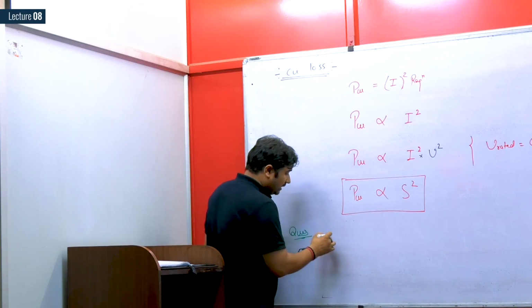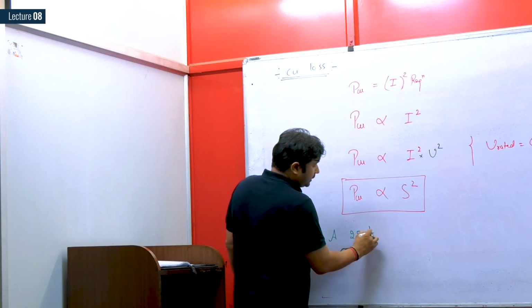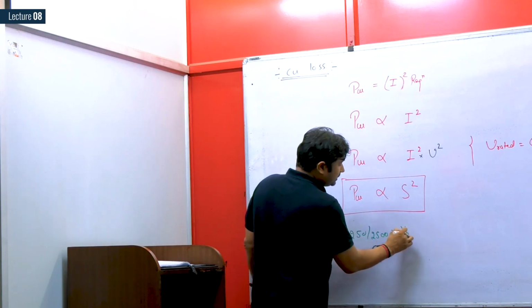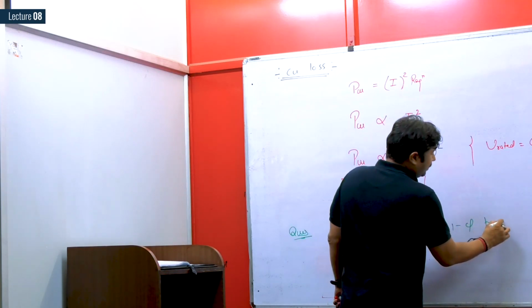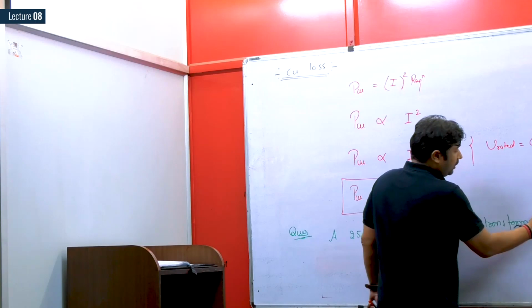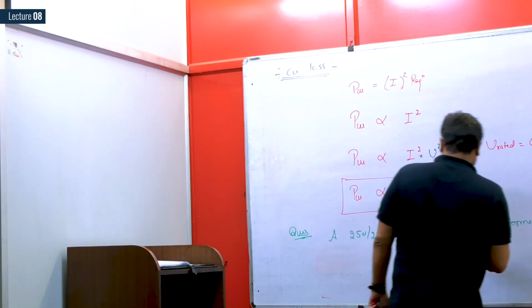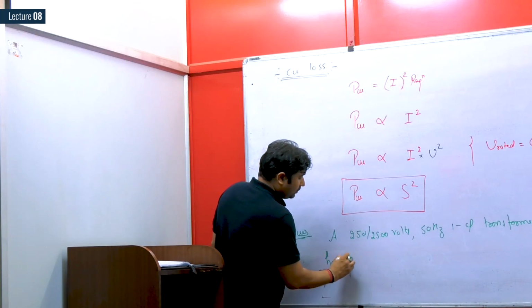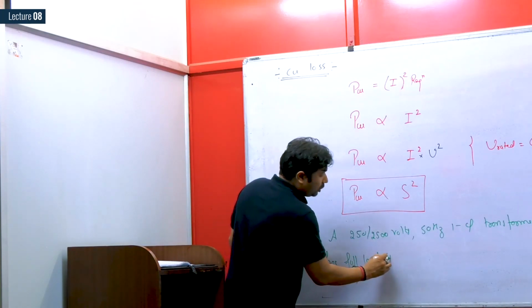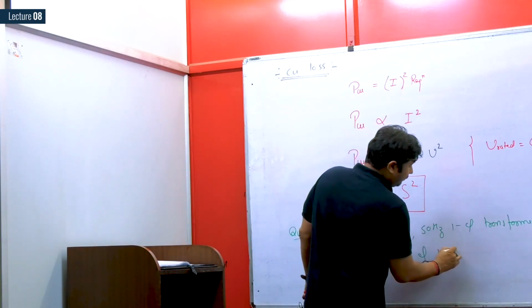Consider this question: a 250 by 2500 volts, 50 hertz single phase transformer of 25 kVA has full load copper loss of 100 watts.